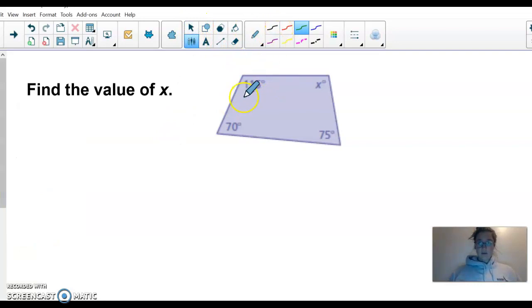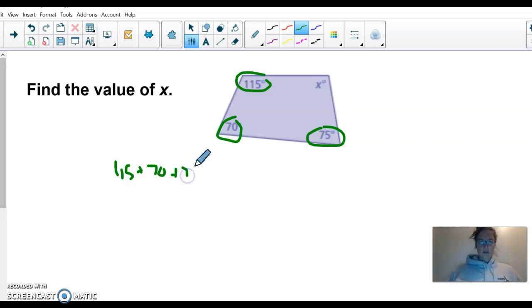So we have 3 angles, so we have 115, 70, and 75. So I'm going to add all those up. So 115 plus 70 plus 75 plus x equals the whole, since this is a quadrilateral, 360 degrees.